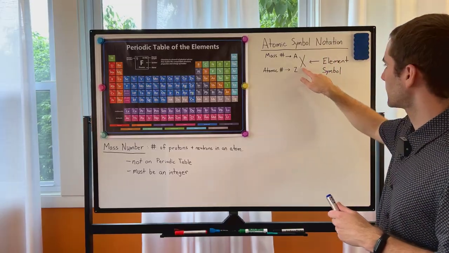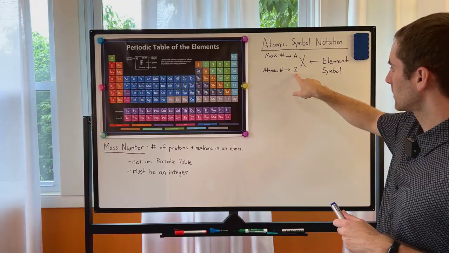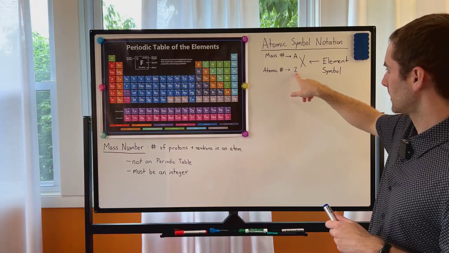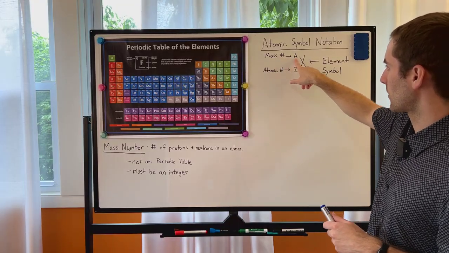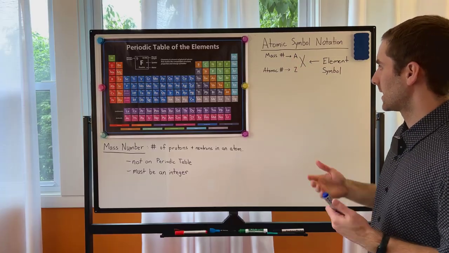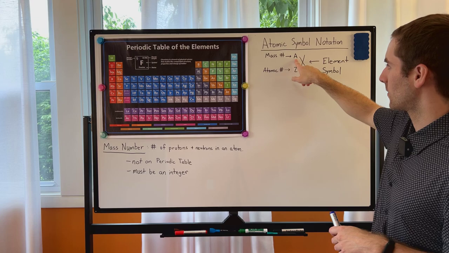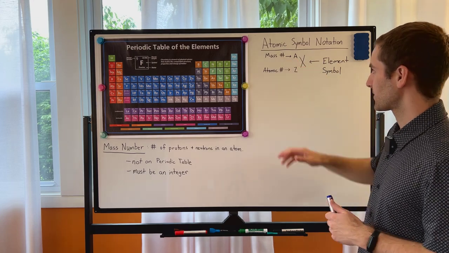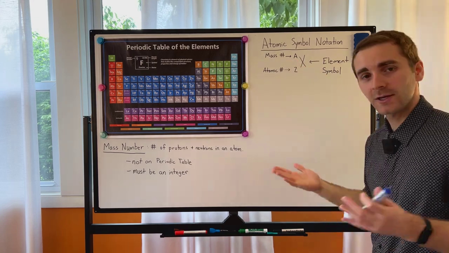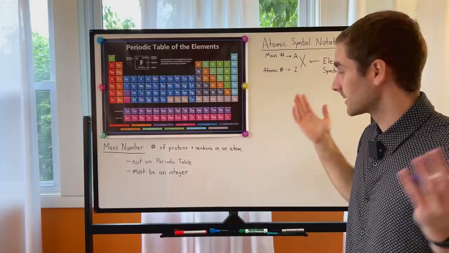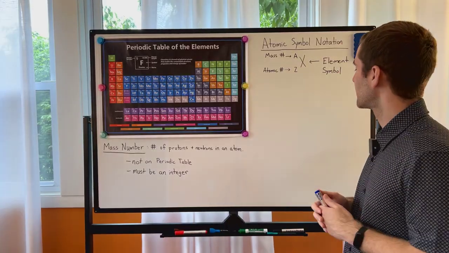We write that here. And then in the bottom left, we write the atomic number. And then in the top left, we write the mass number. And these are some abbreviations you'll often see. I have no idea why A is used for mass number and Z is used for atomic number, but it is. I did not make it up.